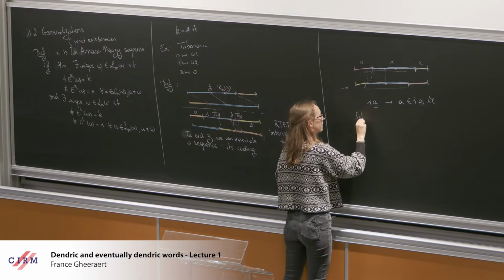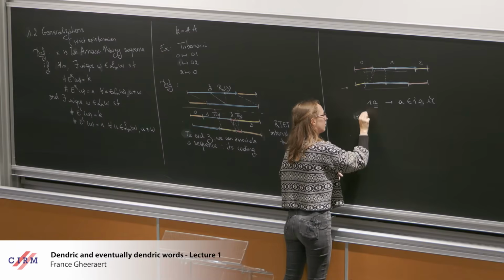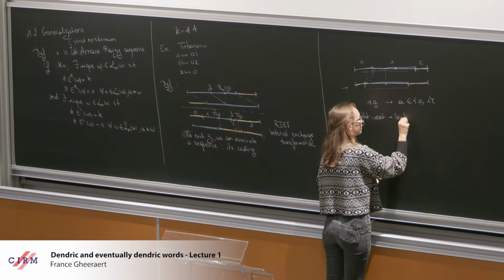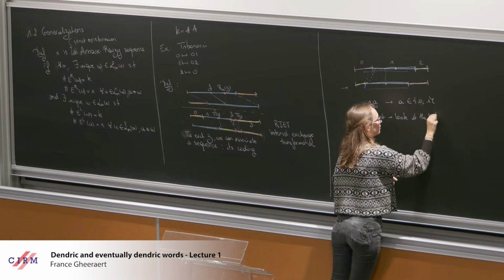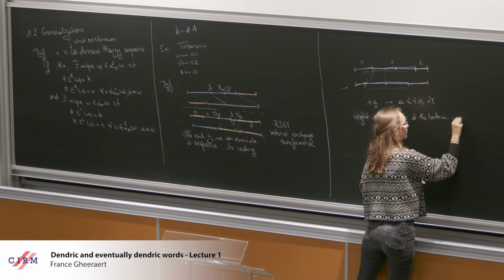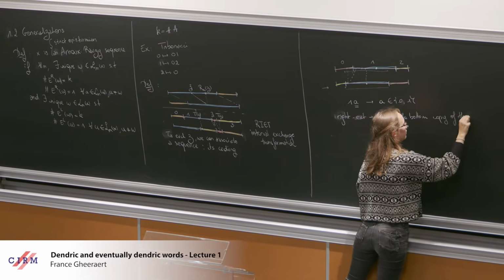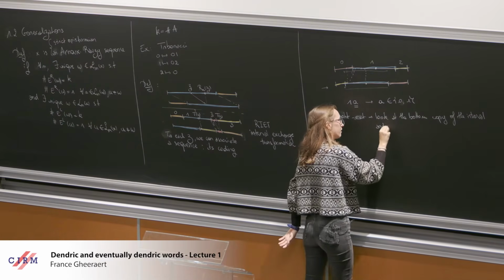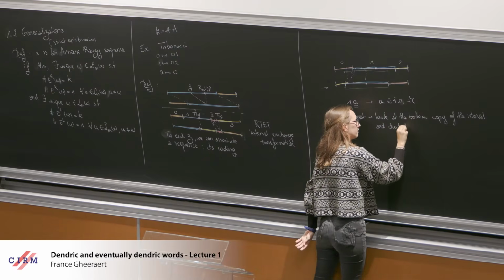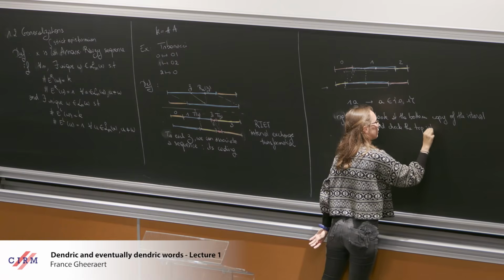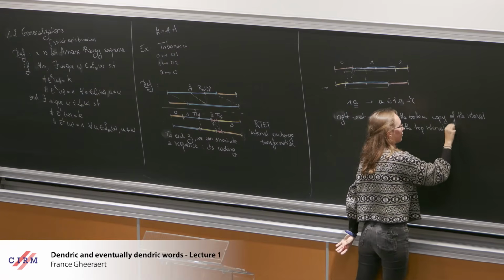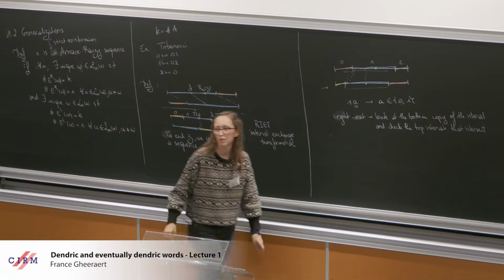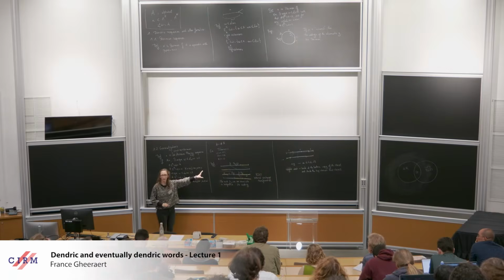So in some sense, for right extensions, what you should do is look at the bottom copy of the interval and check the top intervals that intersect. Is it okay for everyone, this idea?